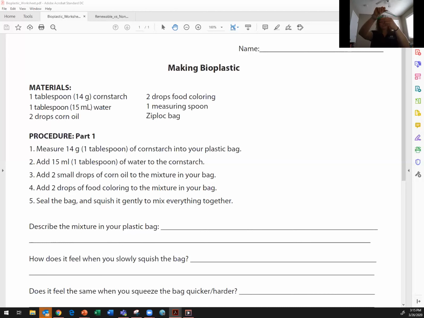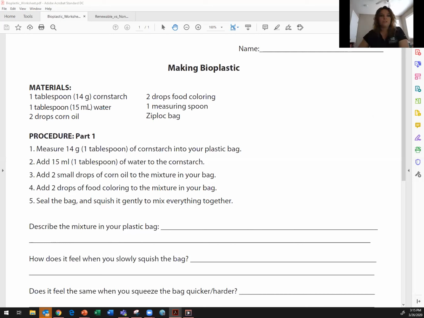So go ahead and start mixing your ingredients together. We want to make sure all of our cornstarch at the bottom of our bag is mixed in. And once you have it mixed in, go ahead and set this down.